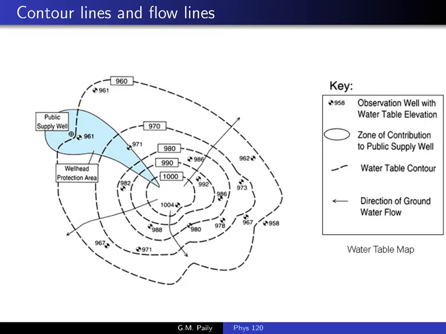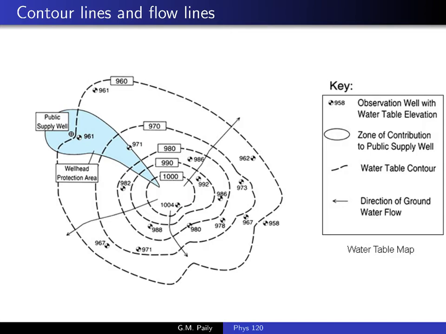Let's look at another way of showing the relationship between potential and electric field. In this case, the relation is between contour lines and flow lines. These dashed lines are the contour lines connecting, in this example, places that have equal water table elevation. These are the flow lines showing how the groundwater is going to flow. Let us notice a couple of details.